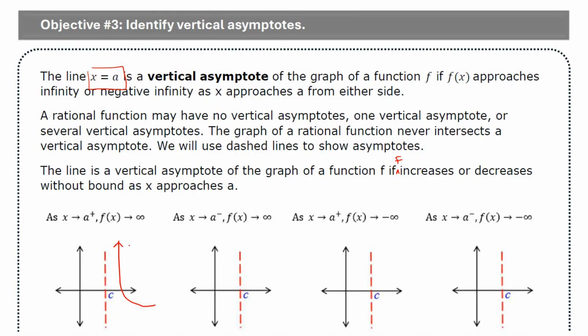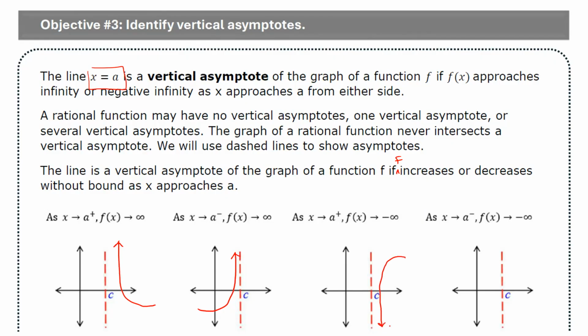I'm approaching my vertical asymptote a from the right-hand side, and my y is going to infinity. Now I can approach my vertical asymptote from the left, and my y going to infinity will look something like this. So I'm approaching the line, never going to cross it. The next one, as x approaches a from the right, my y is decreasing.